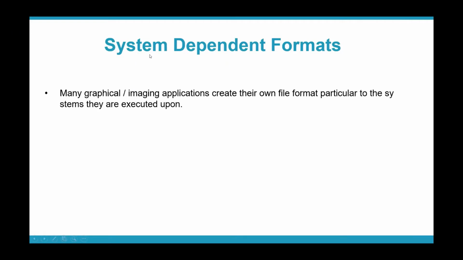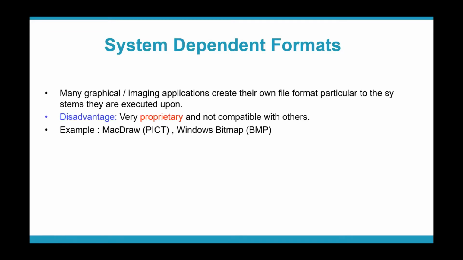Most graphic or imaging applications create image files in their own native format, and they are mostly dependent upon the system where they are created or executed. One drawback of system dependent formats is that they are proprietary and you cannot port them, or they're not compatible with other platforms.